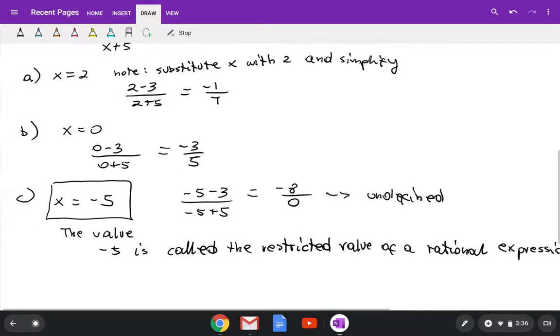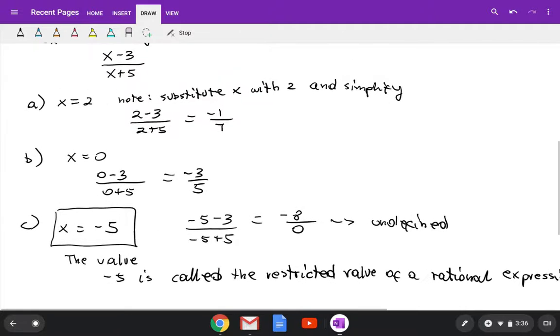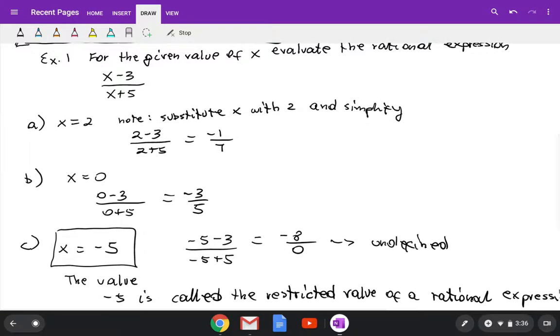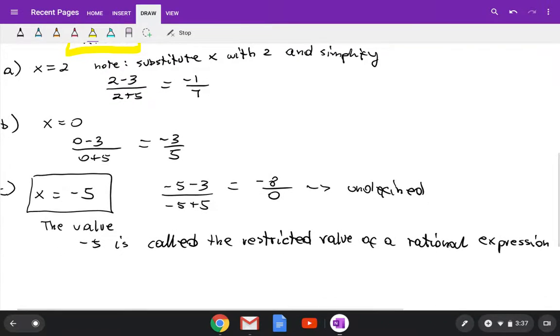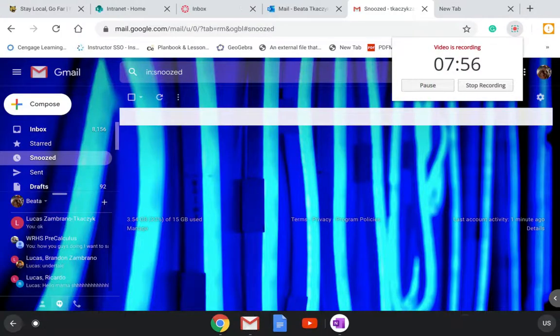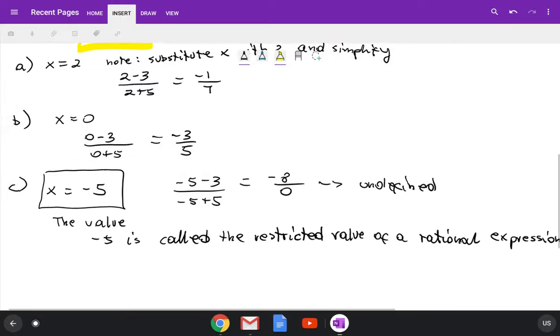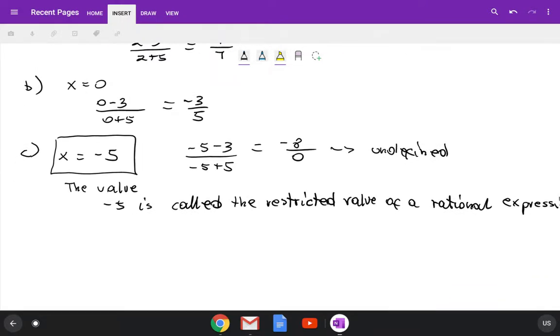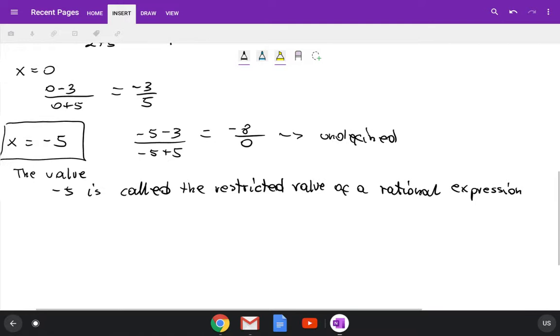The restricted value of a rational expression is the value which makes our rational expression undefined. There is no way that we can evaluate our rational expression when x is equal to negative 5, because then we divide by 0. This is something which is undefined. So x equal to negative 5 is called the restricted value of the rational expression.